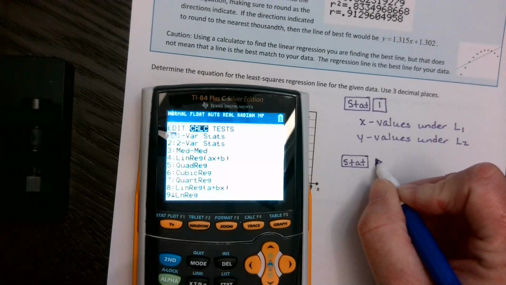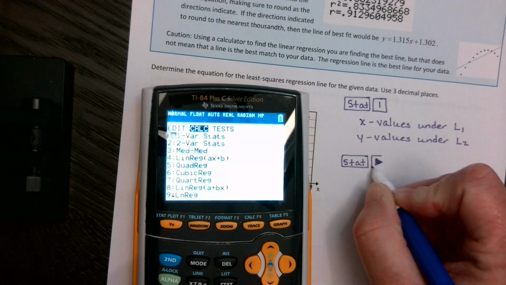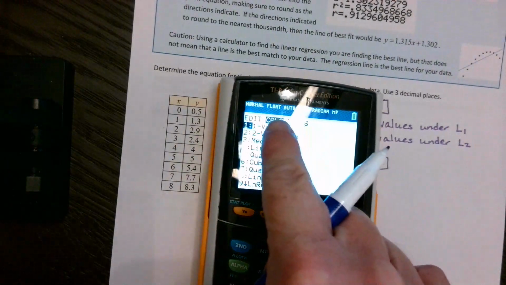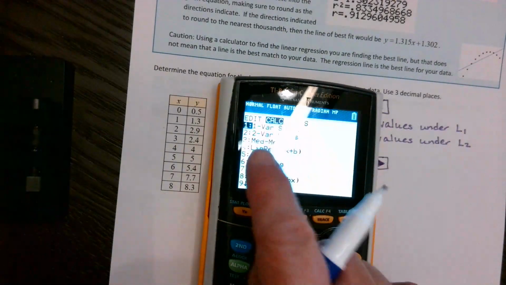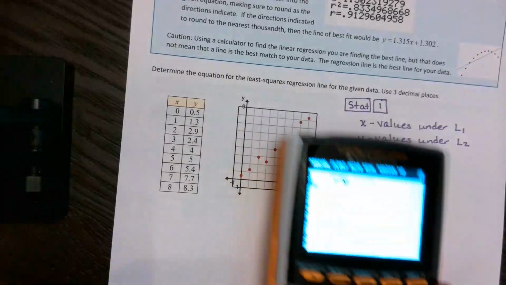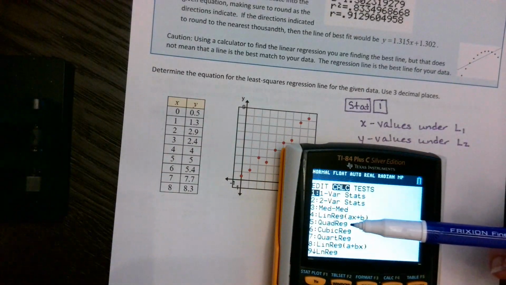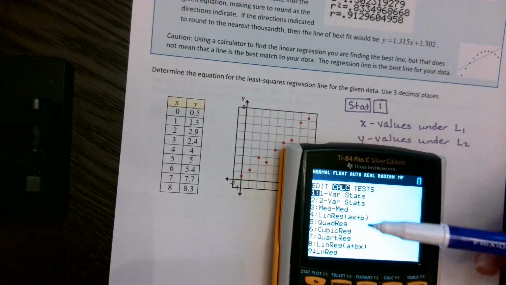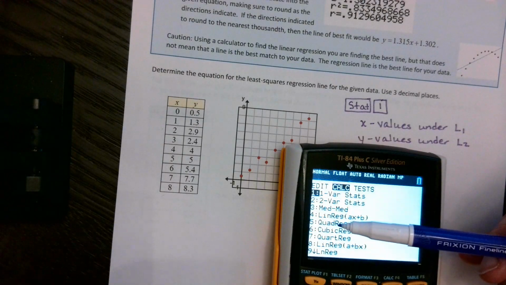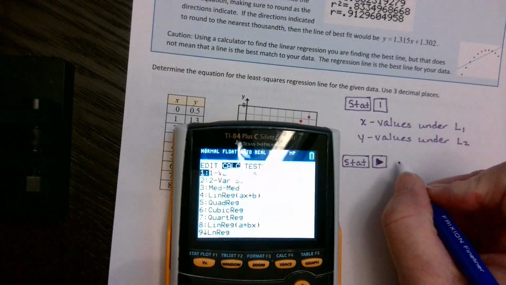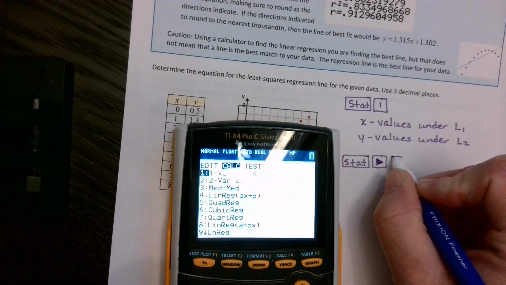By doing that, it highlights calc, but we want to calculate linear regression, so I'm going to hit the number 4. You can arrow down to 4 so it's highlighted and hit enter if you want to. But I'm going to hit 4.